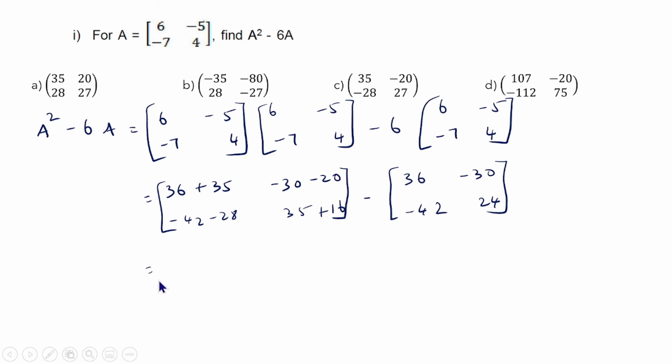So this is equal to 71 minus 36, 35, then here minus 50 plus 30, so it is minus 20, and here minus 70 plus 42, so it is minus 28, and here 51 minus 24, so it is 27. So the correct option is option C. So the answer is [35 -20; -28 27].